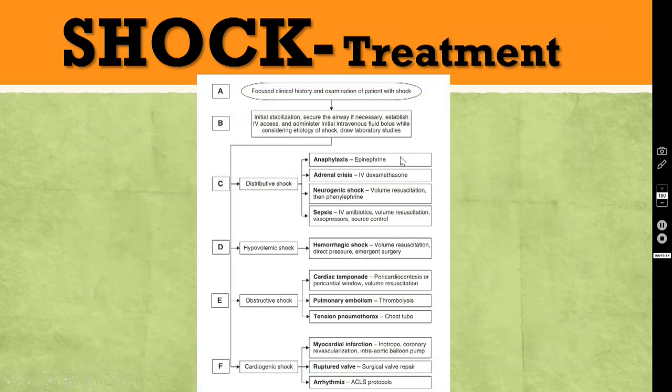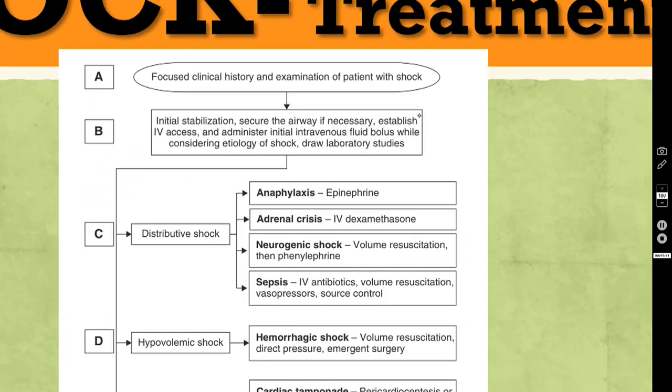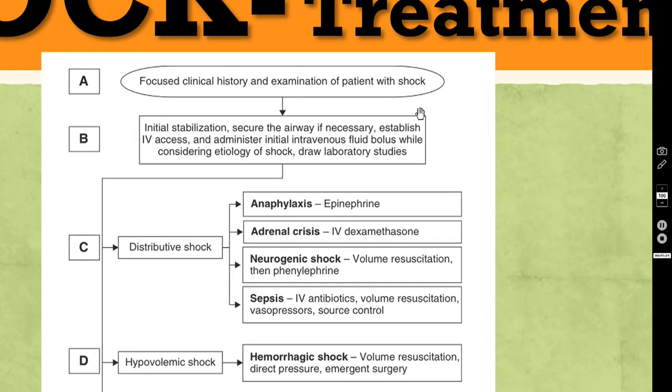Coming to the algorithm for shock treatment. The first thing is A, B, C, D, E. But the first thing is you have to do a focused clinical history and examination of the patient with shock. This is nothing but your history and physical.